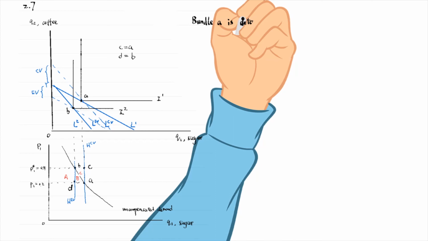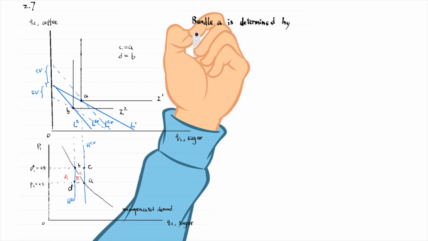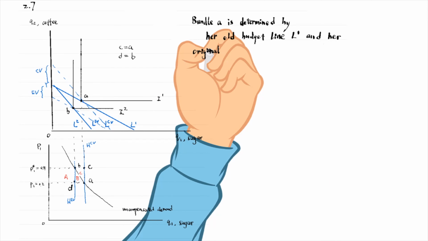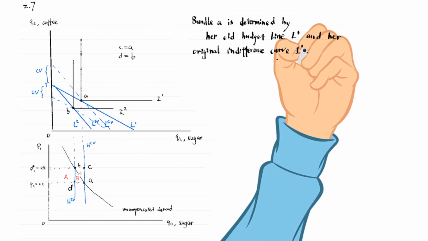The indifference curves for perfect complements are right angles. Bundle A is determined by her old budget line L1 and her original indifference curve I1. I1 is the highest indifference curve that touches her budget line.